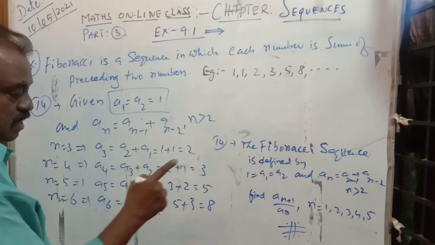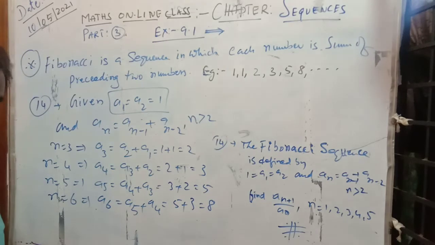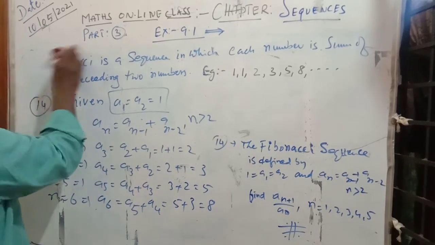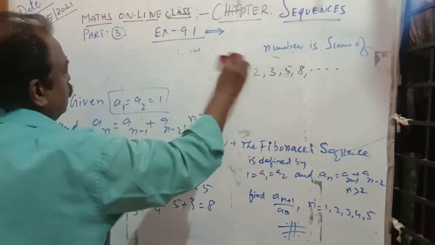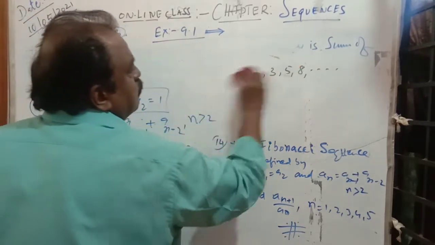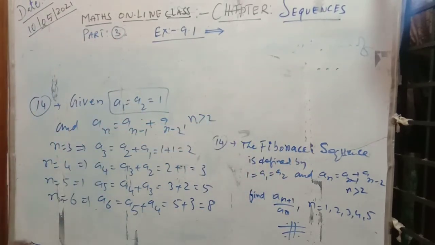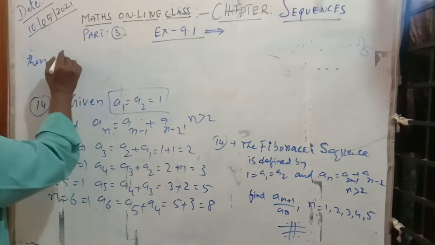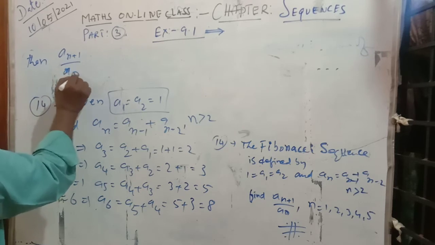But we have to find the values of a_(n+1) by a_n asked for all those things. Now I will tell it. I will erase this definition. Remember it. Now say, observe. Then, what are we asked? a_(n+1) by a_n is there.